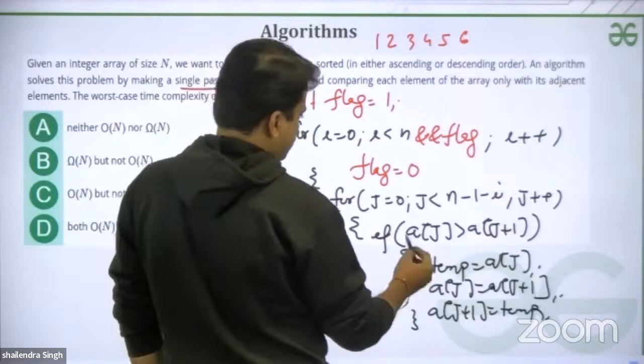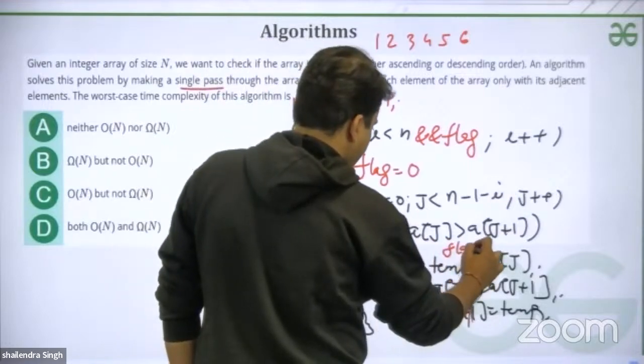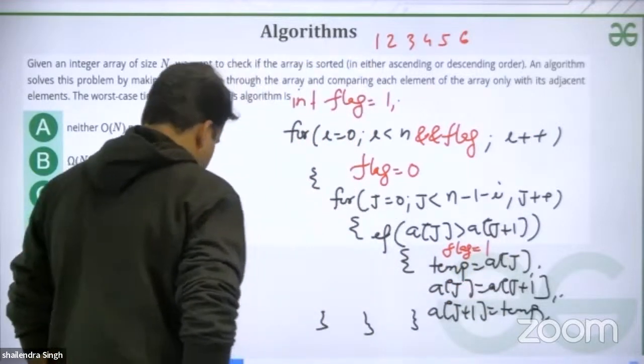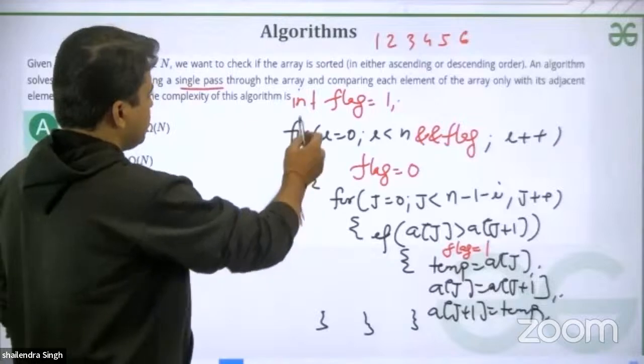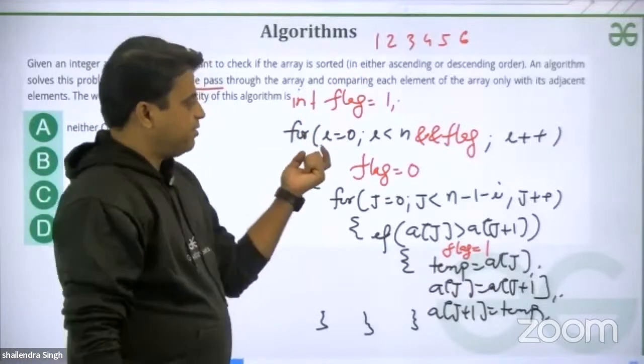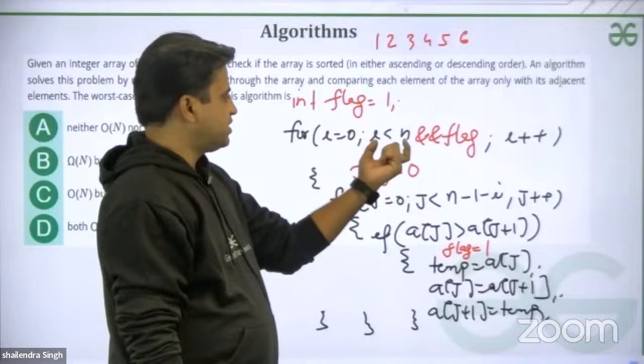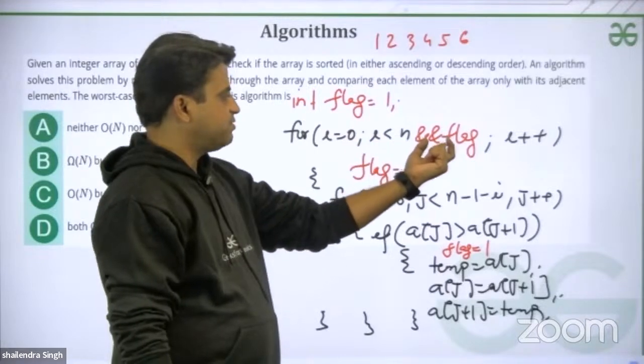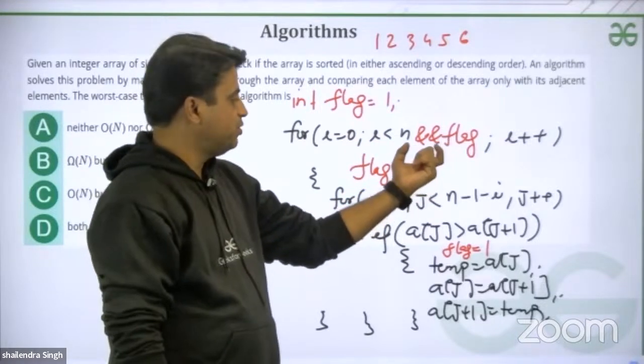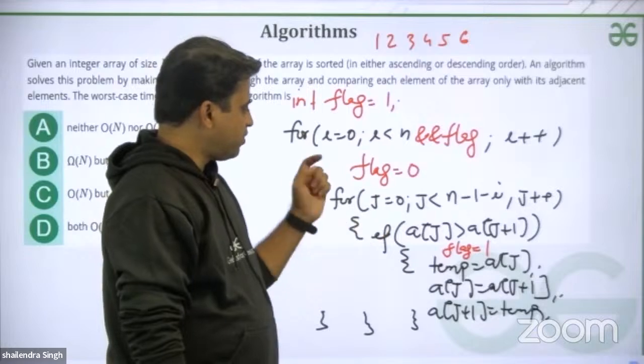If this condition is true, now flag equals to 1. So dear student, suppose this array is sorted. If i equals to 0, then flag equals to 0. So initially what is flag? Flag is 1. So this condition is true: i less than n and flag is 1. 1 means true, right? 1 means true. So this condition is true inside this for loop and inner loop.